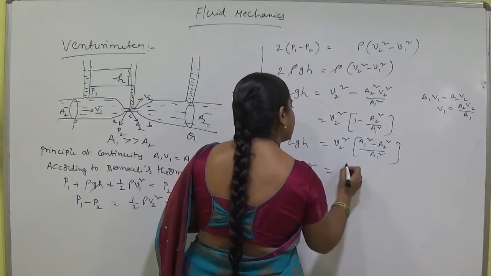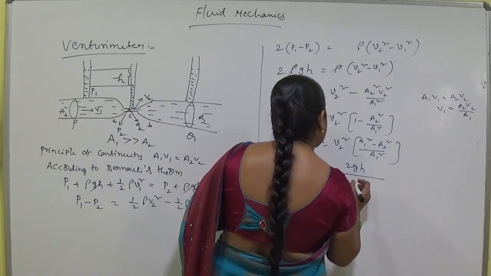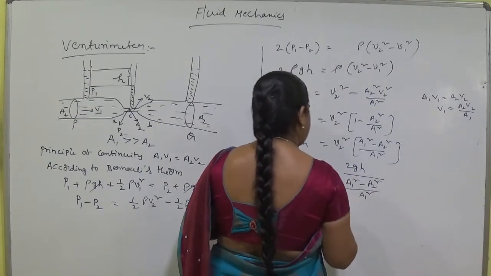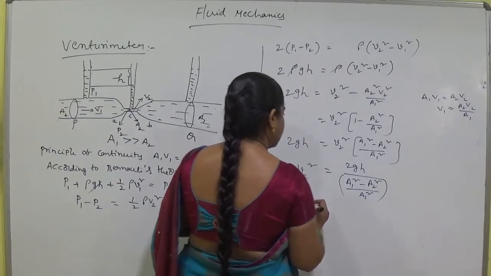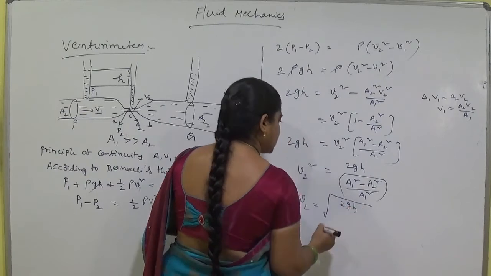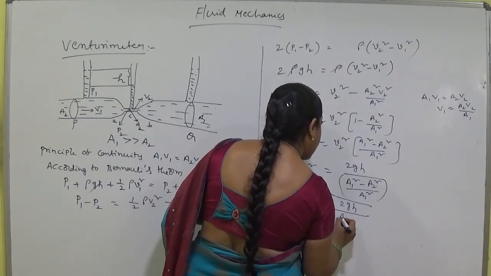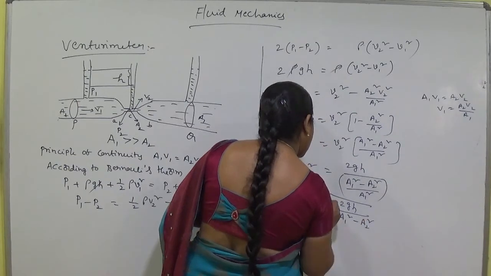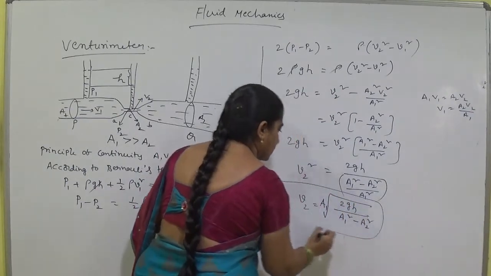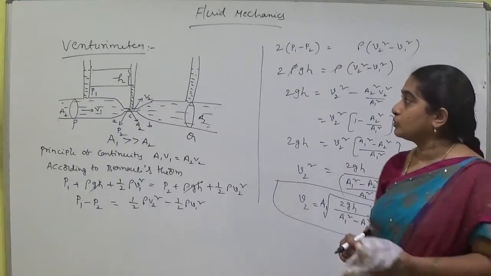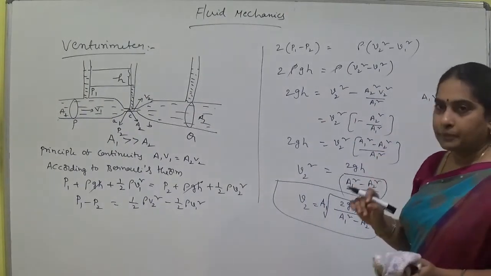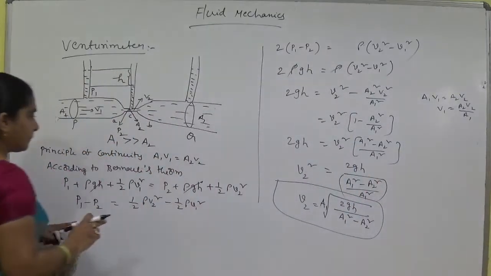So V2 square is equal to 2GH by (A1 square minus A2 square) by A1 square. V2 is equal to A1 into root of 2GH by (A1 square minus A2 square). This is the velocity. So the Venturi meter is used to determine the rate of flow of the liquid flowing through the pipe.